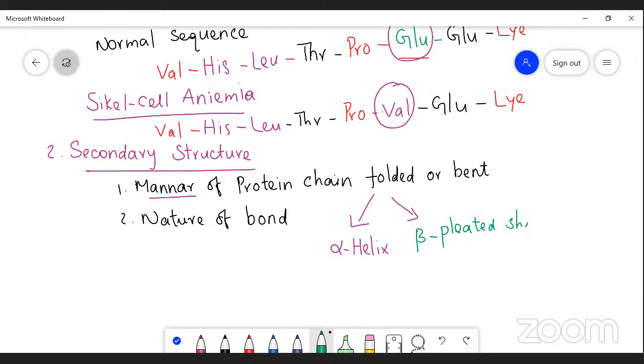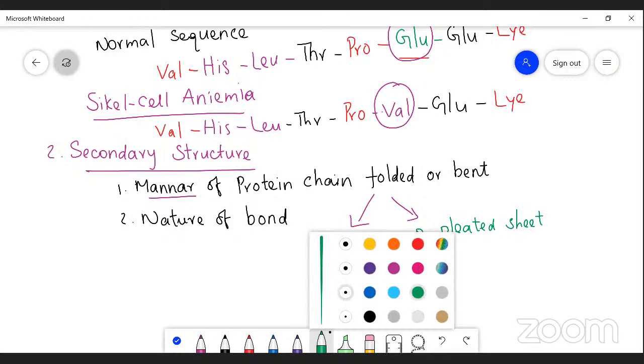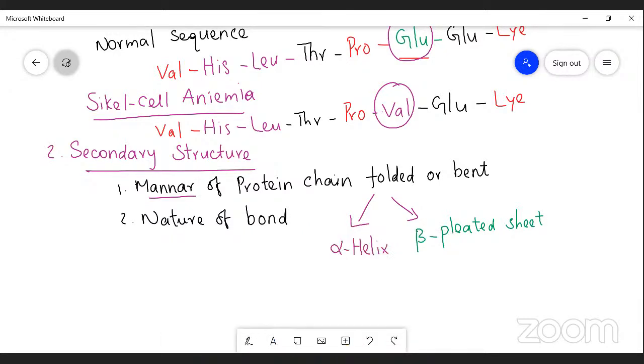So the alpha helix and the beta pleated sheet represent the manner in which the protein chain is folded. First, we take the alpha helix structure of protein.